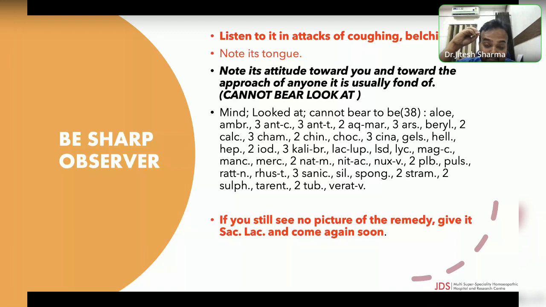And the most important, you have to see how the child is approaching, the attitude towards you, if they cannot tolerate you, they cannot bear to be looked at. That's a rubric also. You can see this behavior with infants especially, or even grown-up children. But you need to see what they are doing, how they are reacting.